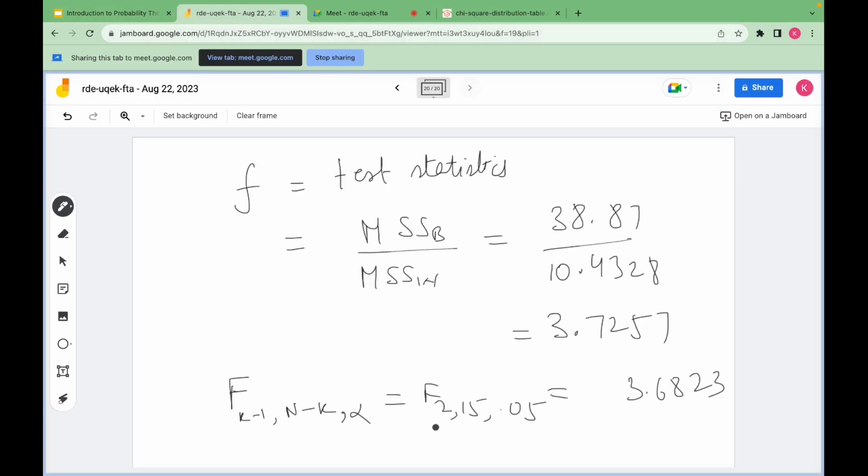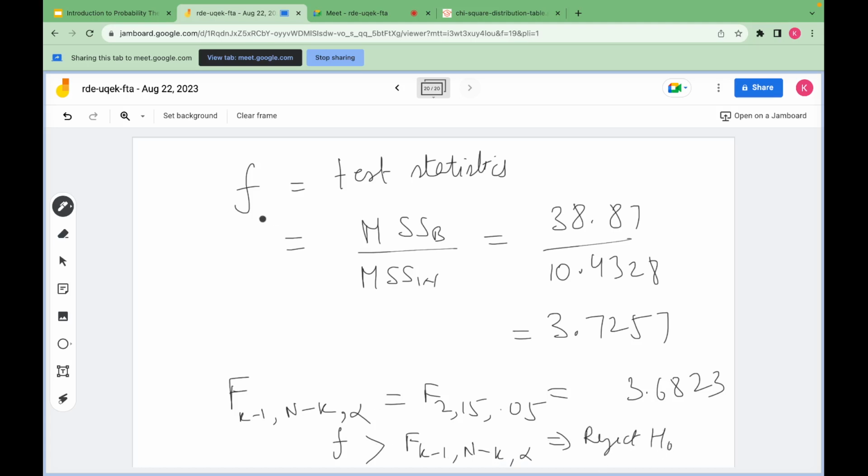So in the ANOVA, if this F value is greater than this F with k minus 1, n minus k, comma alpha, then we reject H naught.